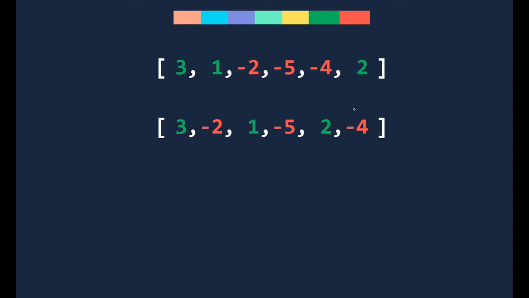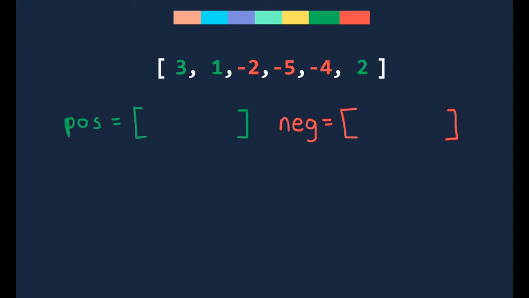So to get this result, my first answer was to loop through the array and place each positive integer into its own array and place each negative integer into its own array. So I created two arrays, positive and negative, and as I loop through, we took 3 and placed it here.